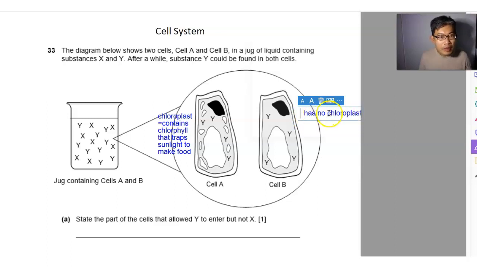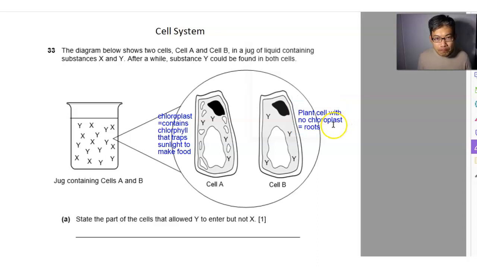But cell B is also a plant cell. So it is a plant cell with no chloroplast. And where would you find a plant cell with no chloroplast? Which part of the plant? Likely to be, for example, in the roots.